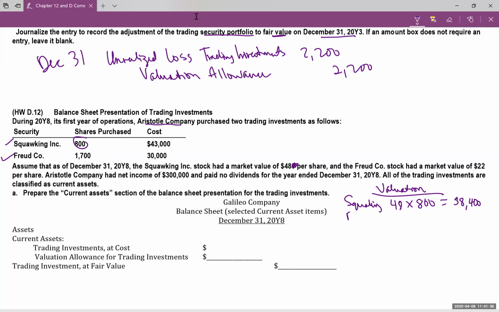And then Freud, at the end of the year, it was 22, and they owned 1,700 shares of that. So this thing is worth 37,400. When you add these two together, it's 75,800.